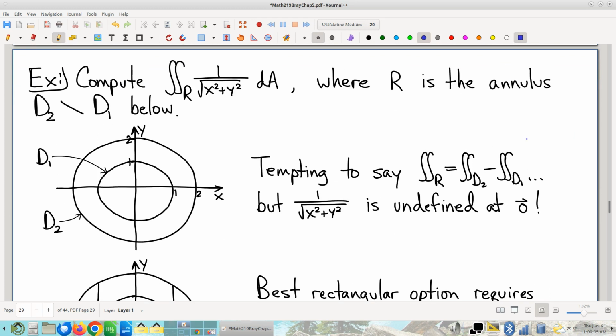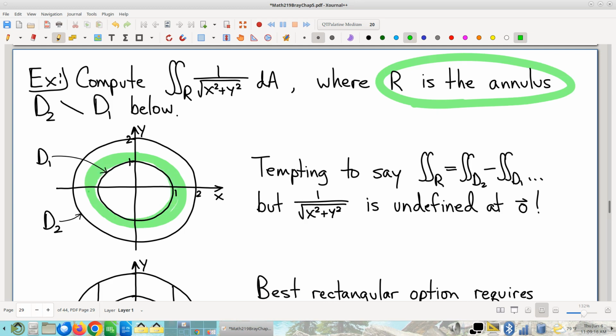Okay, here's another example. This is just kind of for dramatic purposes, but shows how useful polar coordinates can be. Let's suppose that our domain is this, we'll call an annulus, which I compulsively feel the need to color in all the way. There we go. So how would we do this integral?